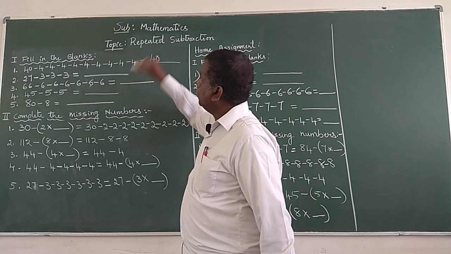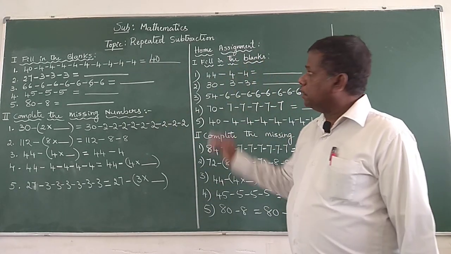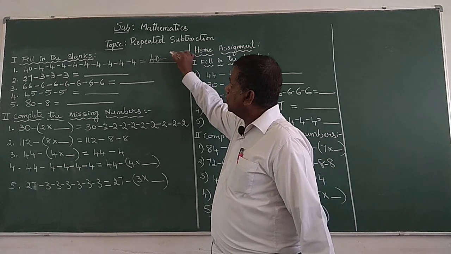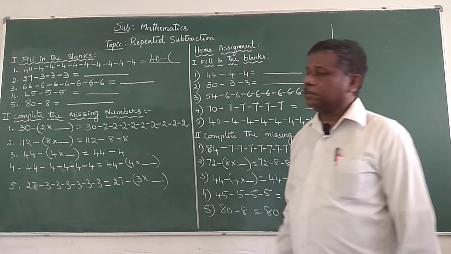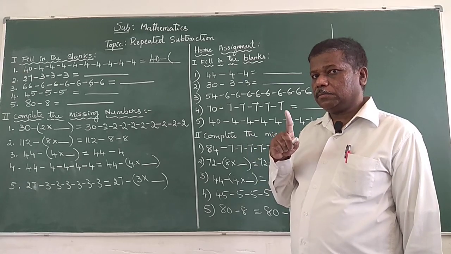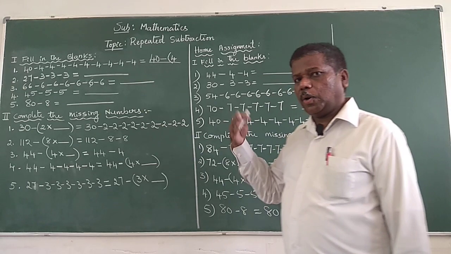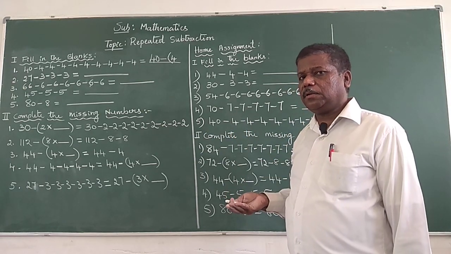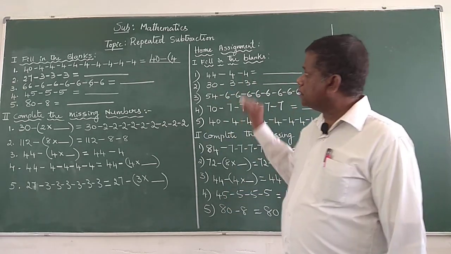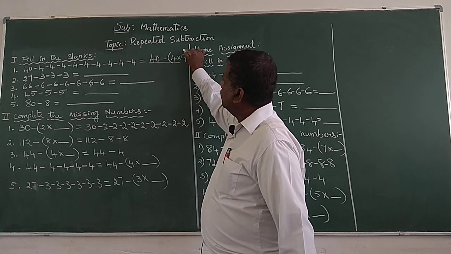So first write 40. Write the minus sign. Open a bracket. Which is the number which is repeatedly subtracted? 4, correct. How many number of times has it been subtracted? 9 times. So put a multiply symbol and 9.